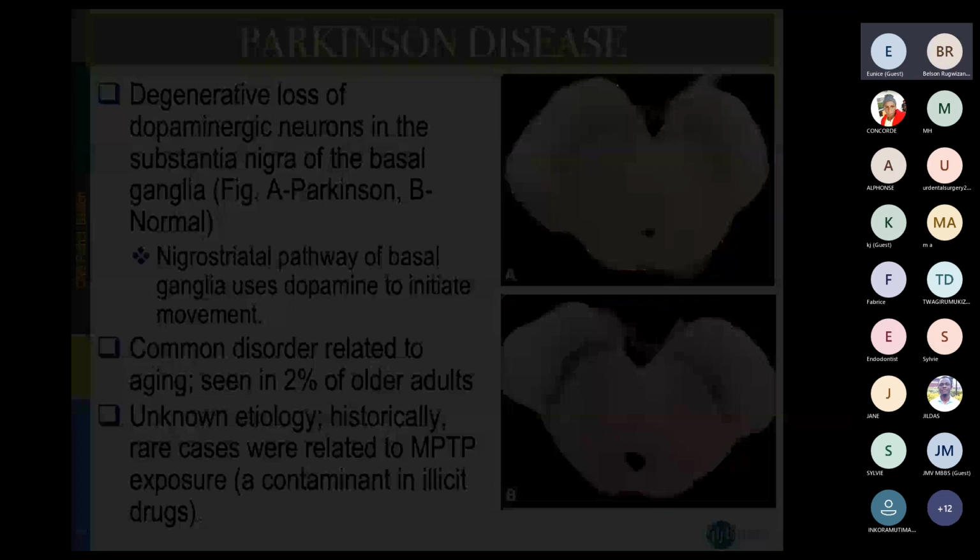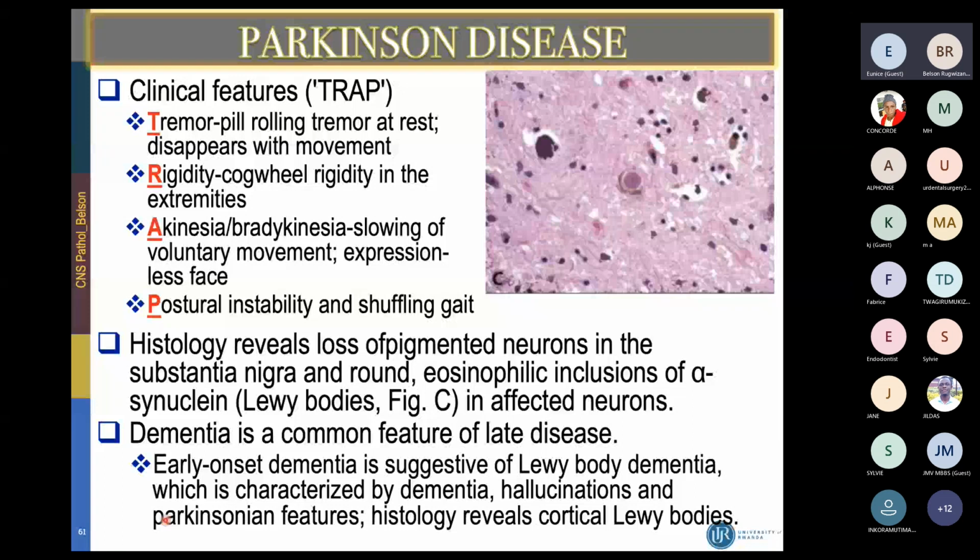So clinical features, they are summarized into what you can call a TRAP. T, tremor, rigidity, akinesia, and postural instability, and shuffling gait. So abantu bafite Parkinson disease ikintu kibaranga nyango birahanga aba tremor, atitira nkinshi ubona zititira rimwe na rimwe ubona umuntu akona atitira n'ahandi. The rigidity in the extremities, akinesia or bradykinesia, slowing of voluntary movement, expressionless face.